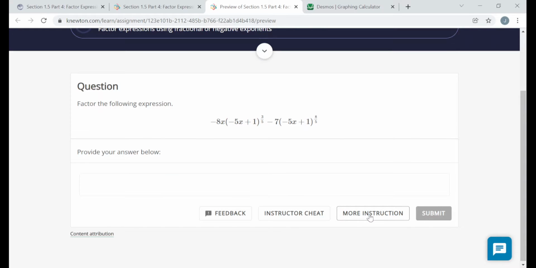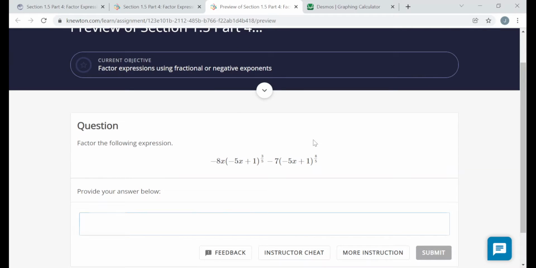Click on more instruction. It'll take you to either some reading or videos, and then some questions related to those, and hopefully you can get through the assignment that way. And you can do more instruction for every question if you wish and get through the assignment in its entirety. Nothing wrong with that.